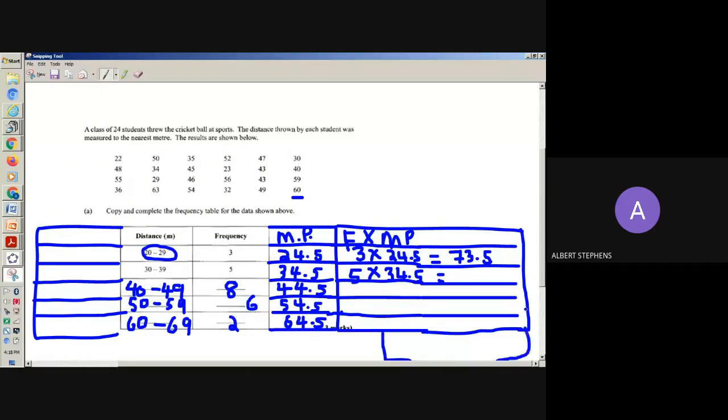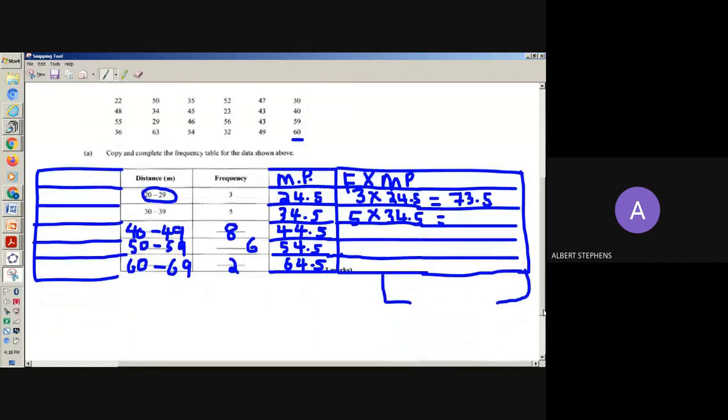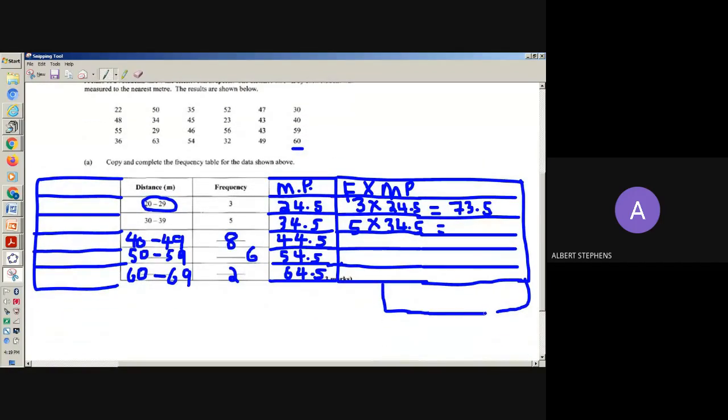Then it becomes sigma. What we're trying to find is the sum of the frequency times the midpoint. That's what you're doing. So tell me what that value is, and be very careful because it can be tricky at times.